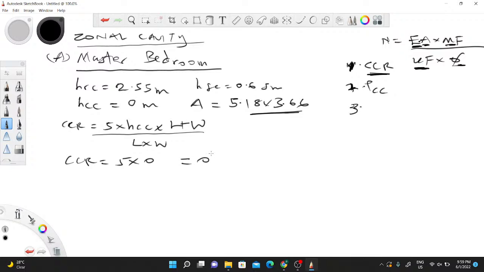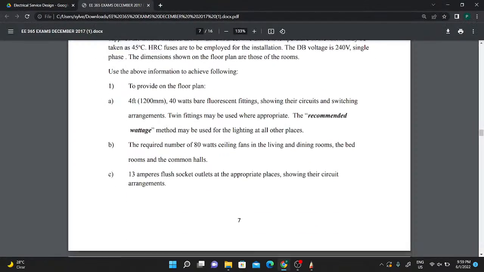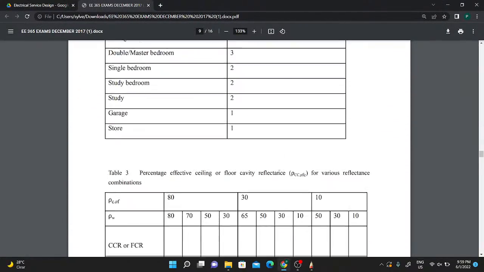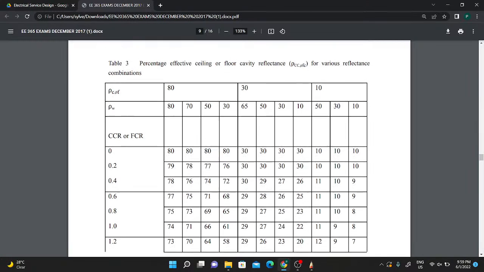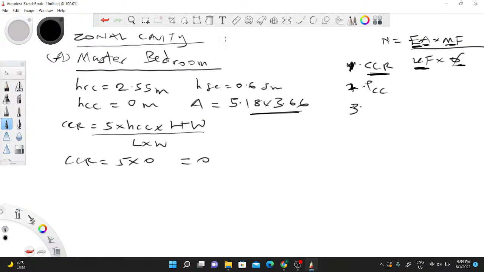So you go to Table number 3. Also, let me write some parameters down. In the preamble, they gave us the reflectances: the ceiling reflectance is 80%, the wall reflectance is 50%, and the floor reflectance is 20%.